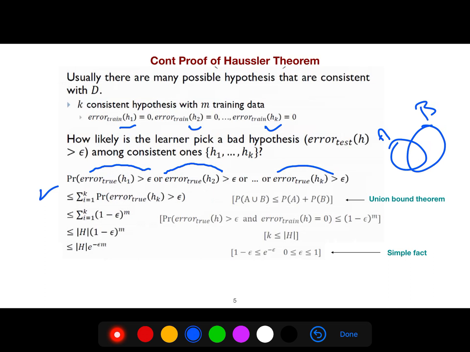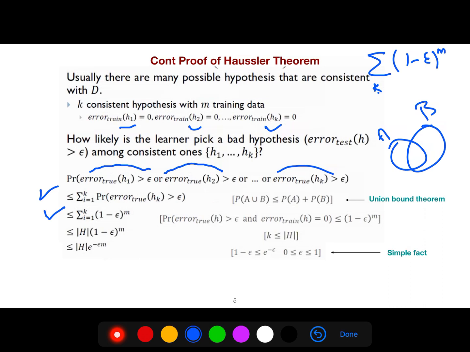As I said in the previous slide, each one has (1 minus epsilon) to the m probability, but that is just for one hypothesis. We have k hypotheses, so a summation over k.